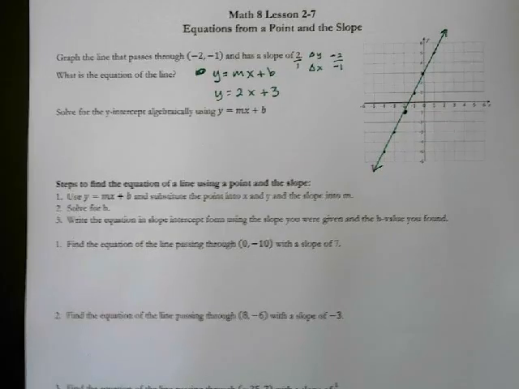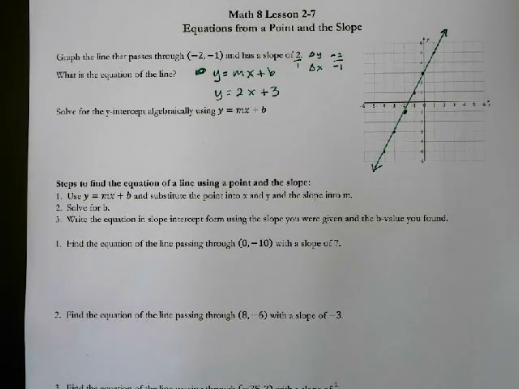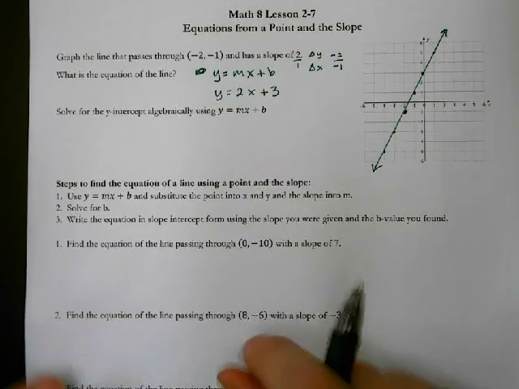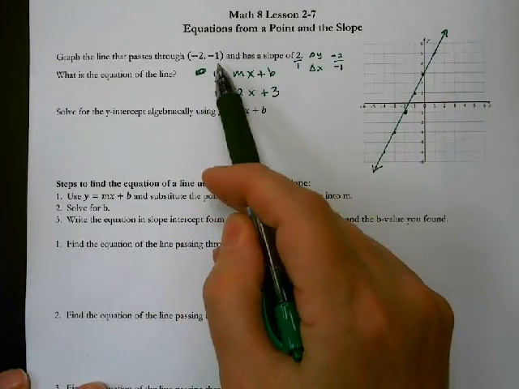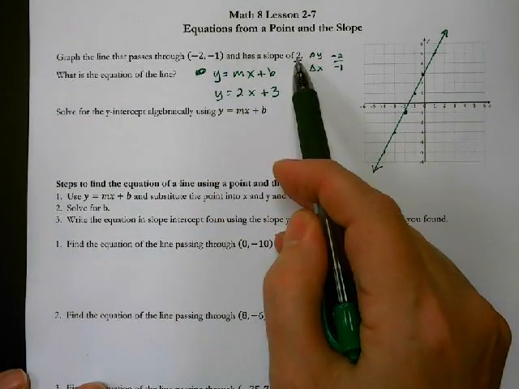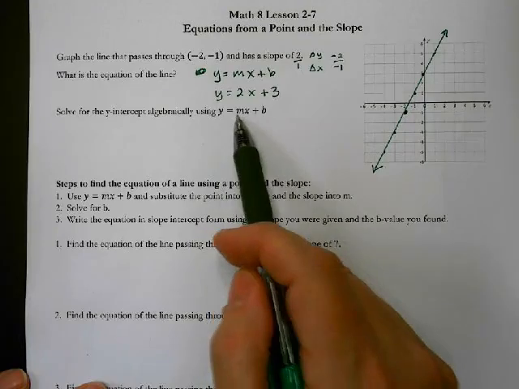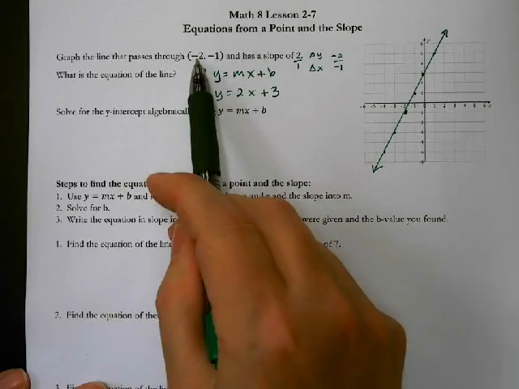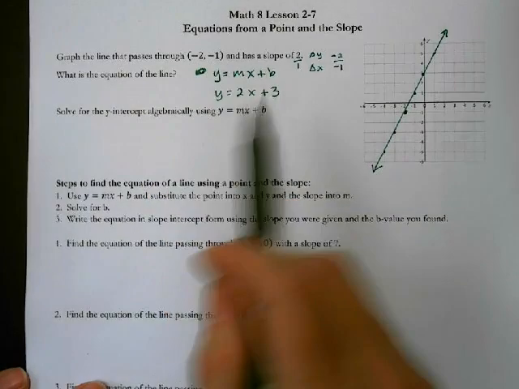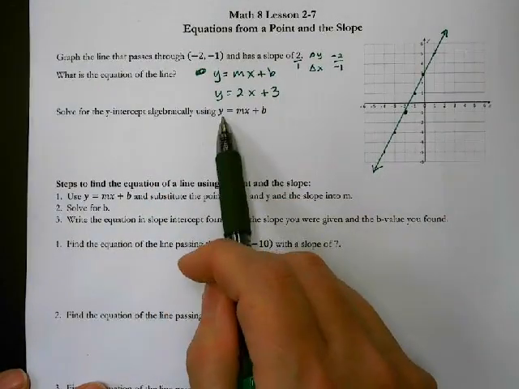Now that's how we would do it on a coordinate plane, on a graph. But what if we just wanted to use algebra to do it? Meaning, what if we didn't want to graph it, we just wanted to use equations to solve this? Well, when they gave us a point and the slope, in the equation y equals mx plus b, they're giving us m, and since the point is made up of x's and y's, they gave us the x and y as well.